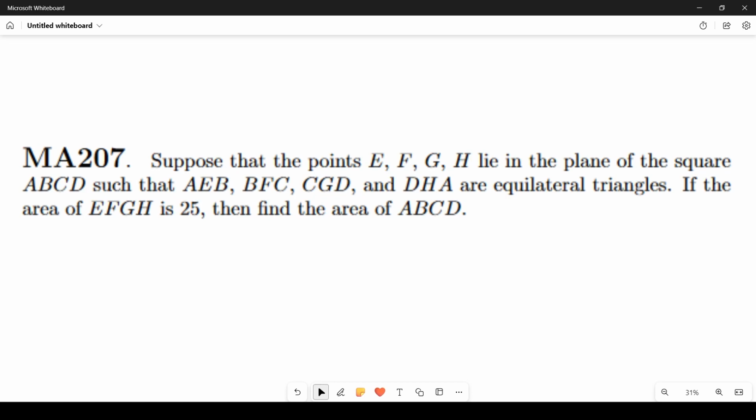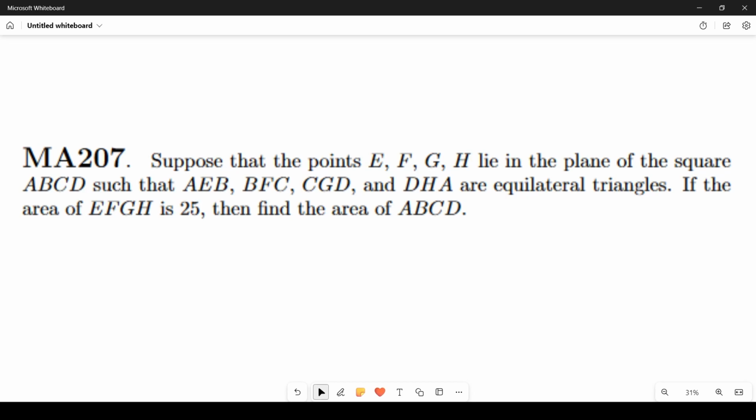The issue is from 2017 and it states: suppose that the points E, F, G and H lie in the plane of the square ABCD such that AEB, BFC, CGD and DHA are equilateral triangles. If the area of the EFGH figure is 25, then find the area of ABCD.